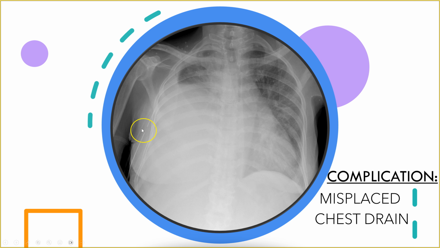If we see any fenestration outside the chest cavity, in the subcutaneous tissue, it can indicate a misplaced chest drain. And how to manage that is that we need to remove the chest drain and apply a three-way bandage, which is taped on three sides, not on four sides. The fourth side is left open to allow the air to escape but not to enter into the patient.